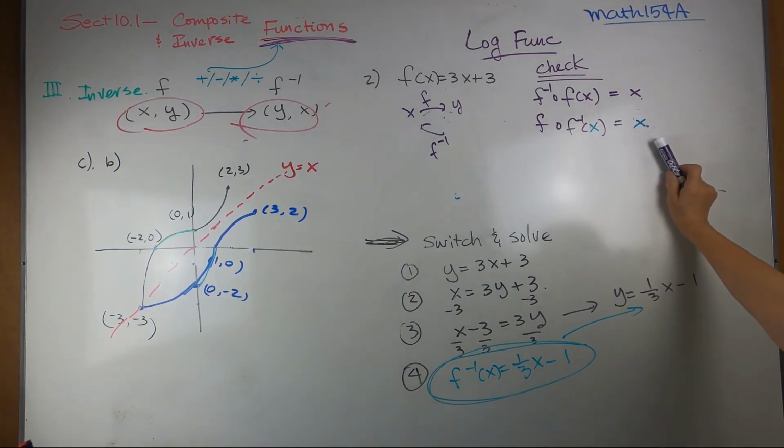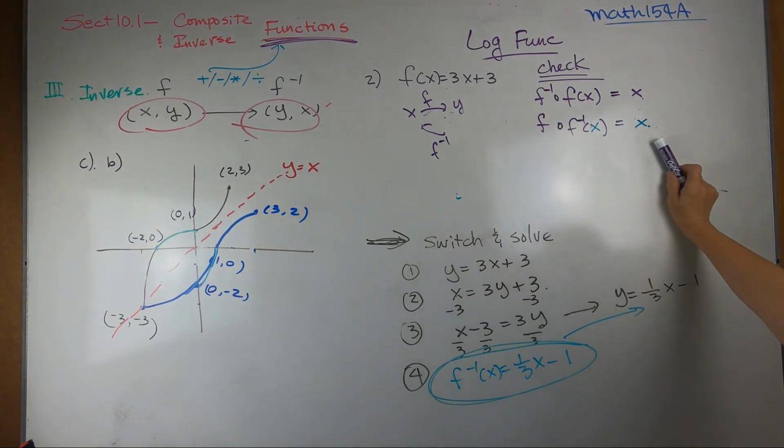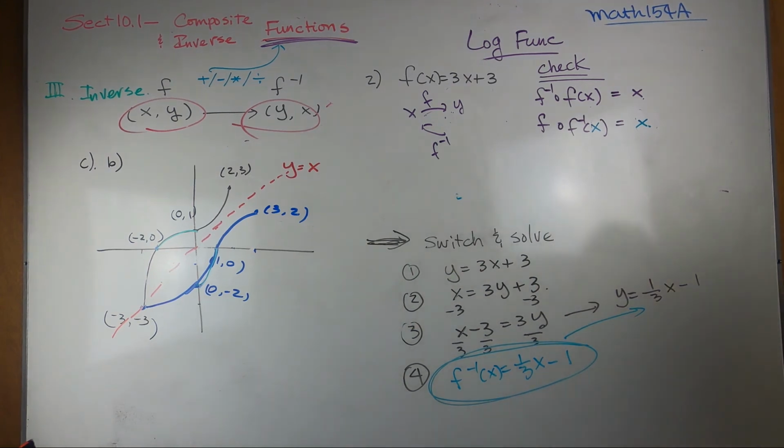You can still get your ABC, your grade, but you have to do everything else correctly, right? But for your pre-cal and calculus, you need to learn this to check.